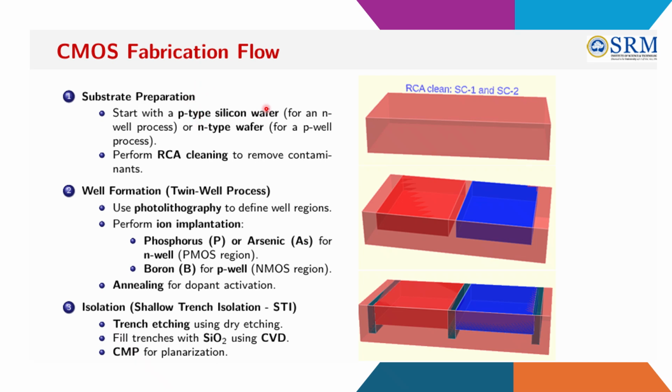If we are going to design an N-type MOSFET, then we can select a P-type substrate. Or if we want to design a P-type MOSFET, then we can select an N-type wafer. So this is just a wafer. Now first we will go for RCA cleaning in order to remove contamination. So this is step one, called substrate preparation or wafer preparation.